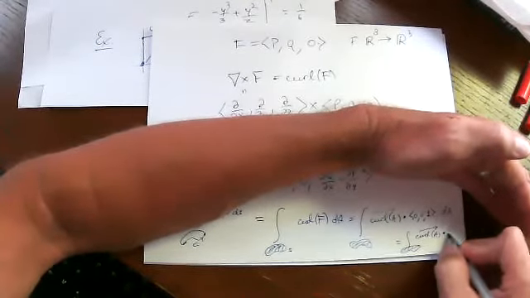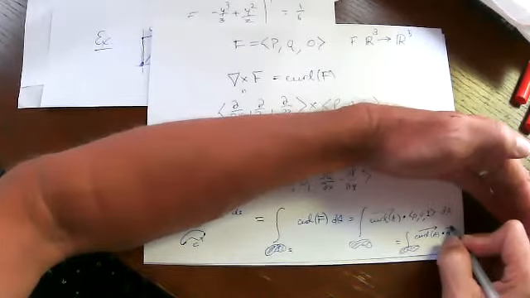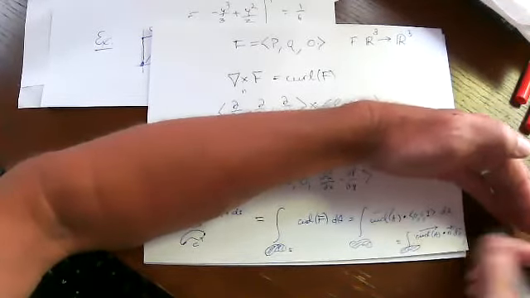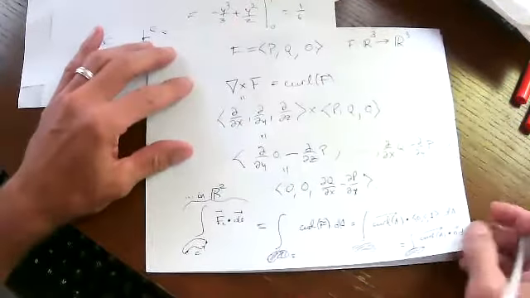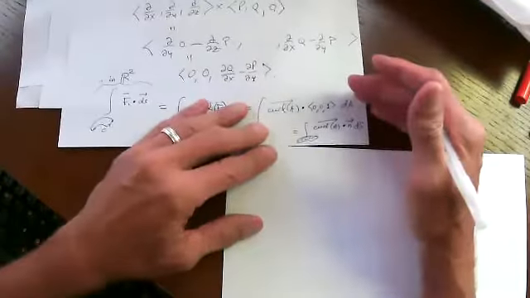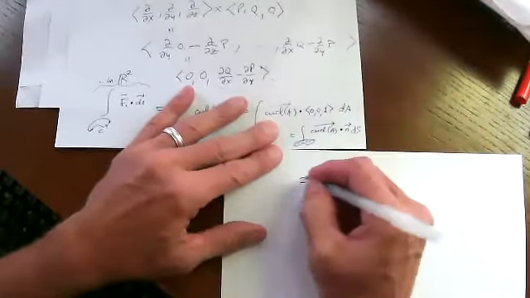You take the dot product of that with your unit normal vector, and then you compute the integral over the surface.